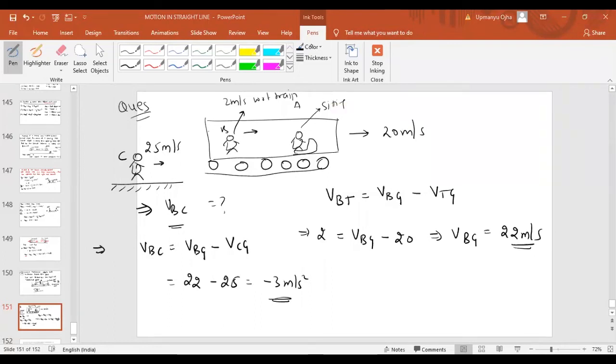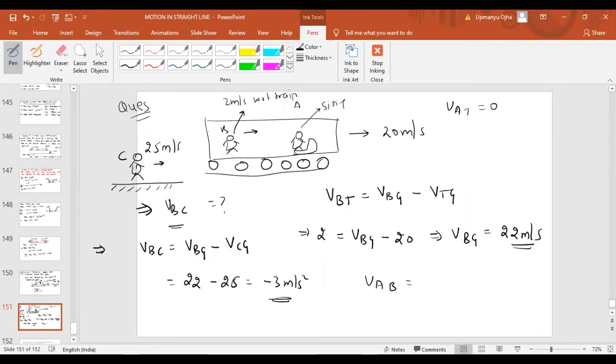Now what is the velocity of A with respect to B? Can you tell me? See, the velocity of A with respect to the train is 0.